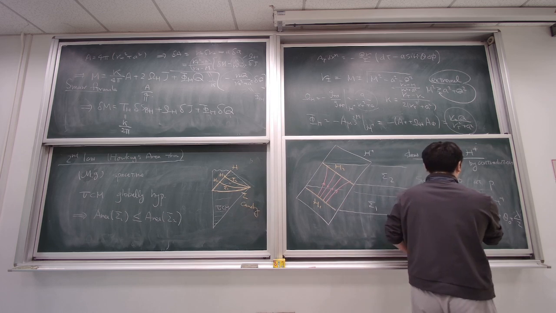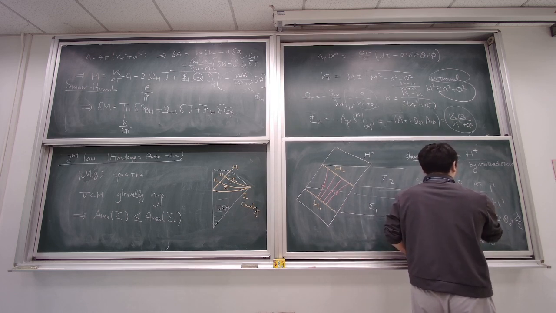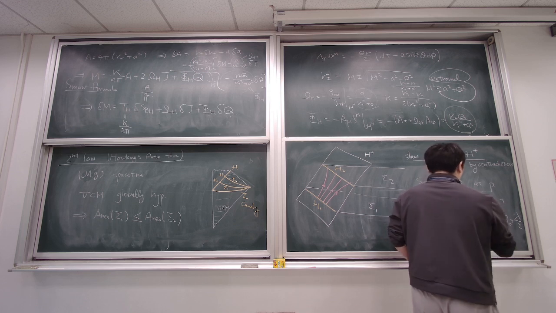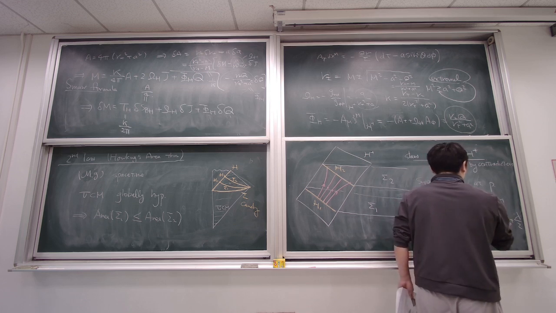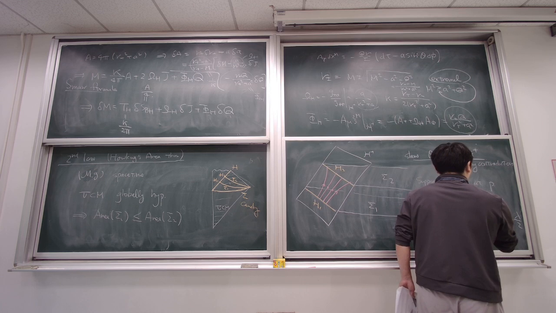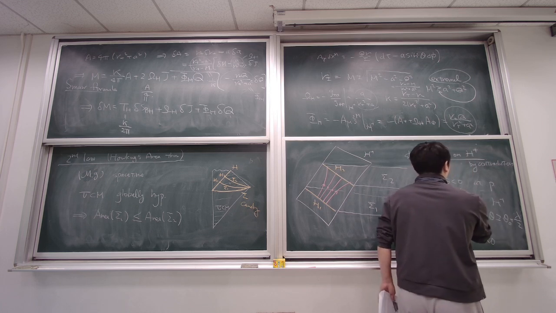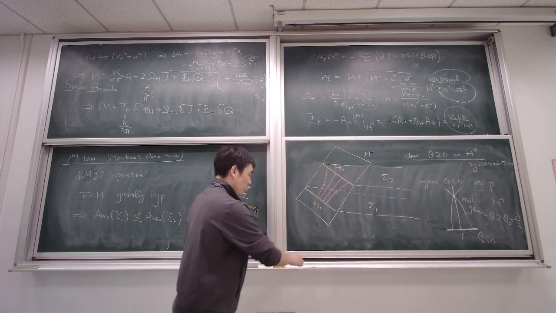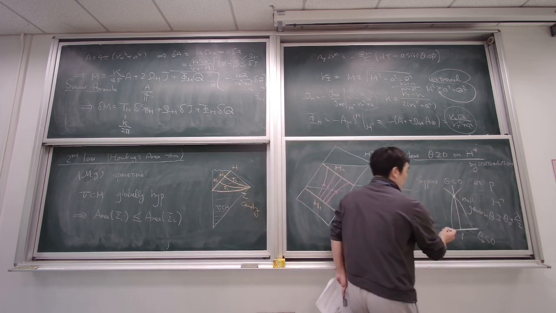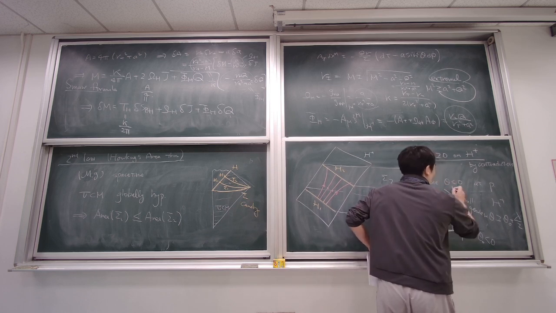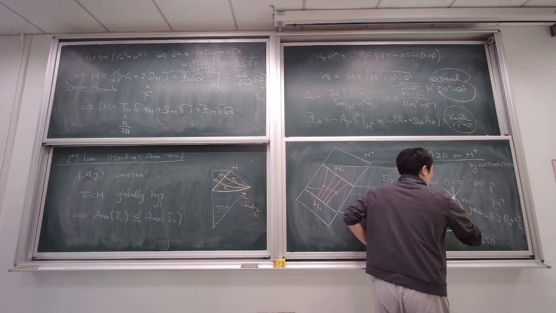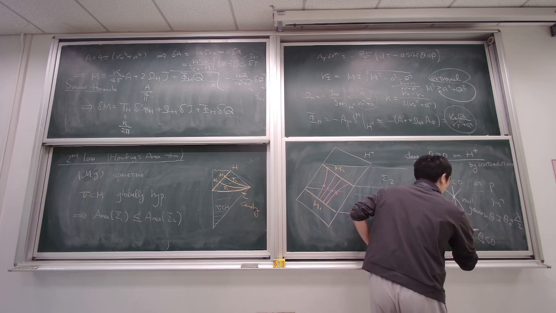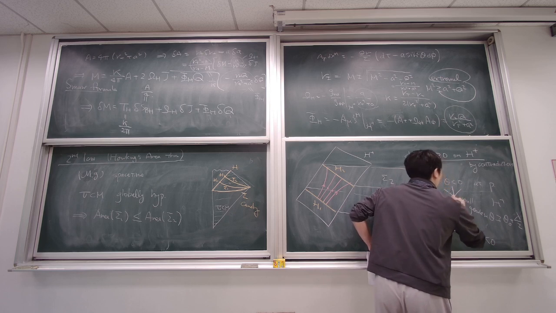So if you have a null geodesic, and if there is a focal point here, we already knew that from this point to this point, we can connect by a time-like curve this way.